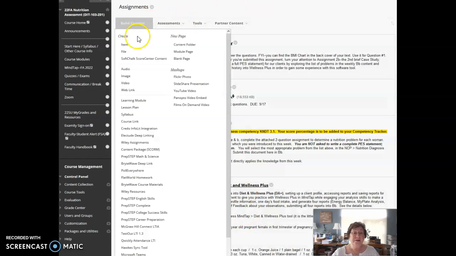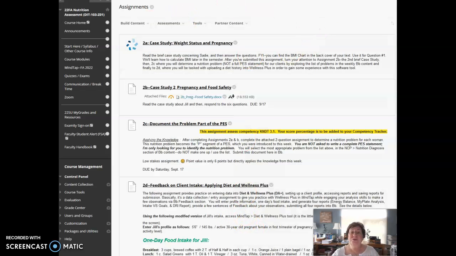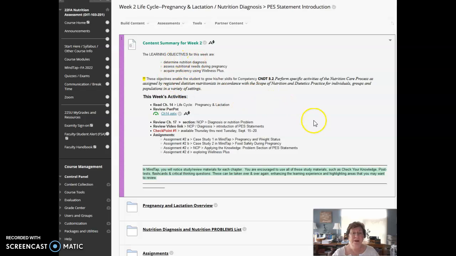Let me also go back to this content summary area. Notice that these assignments that we've just covered are all listed here. This content summary is truly a way for you to check on yourself that you've completed everything that's expected this week.